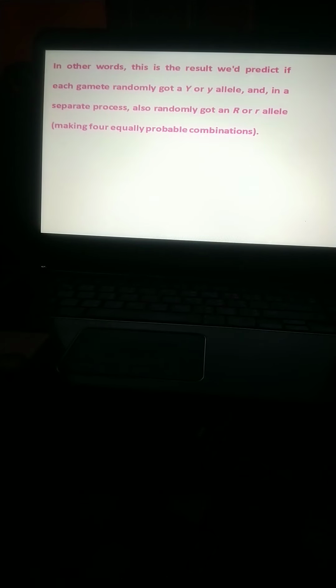In other words, this is the result predicted if each gamete randomly got a capital Y, meaning yellow color, or small y, meaning green allele, and in a separate process also randomly got capital R, showing the round shape, or small r, showing the wrinkled shape, making 4 equally probable combinations.